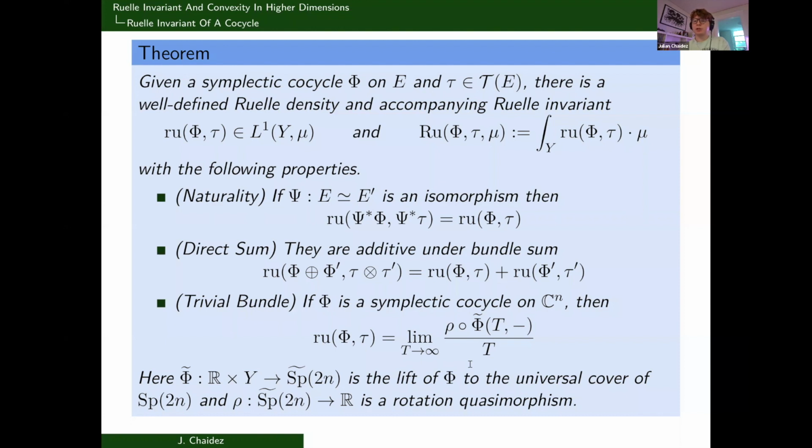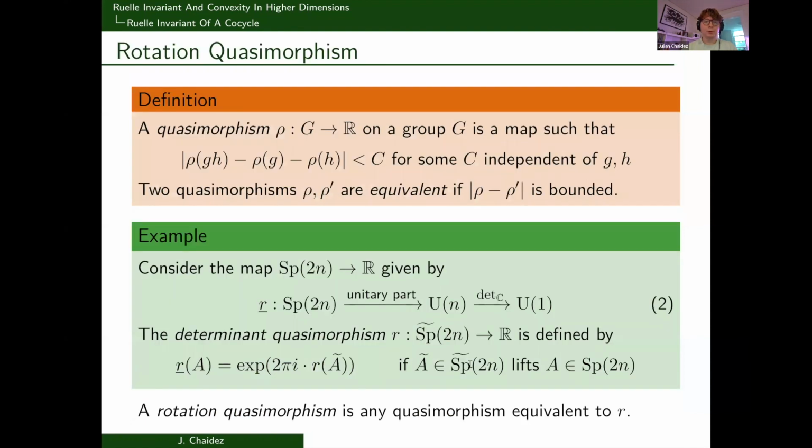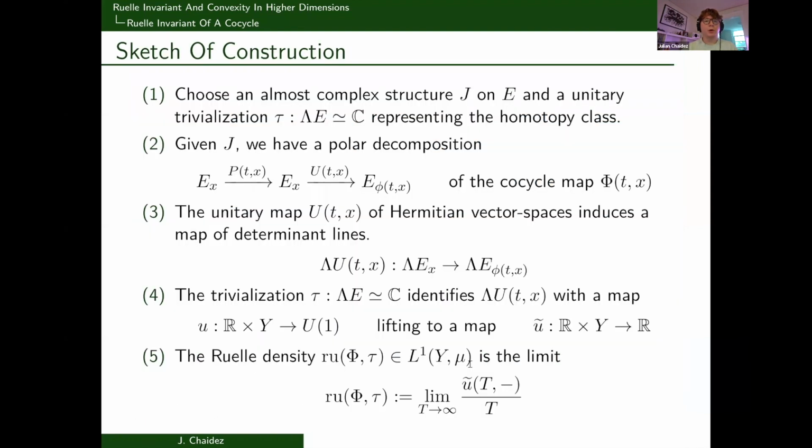So this gives a much more explicit way of calculating the Ruelle invariant related stuff, which is also very flexible because I'm allowed to choose any rotation quasimorphism. It doesn't have to be the determinant one that I described before. Okay, so now I'm going to sketch the construction of the Ruelle invariant, and then I'll talk about a bunch of examples.